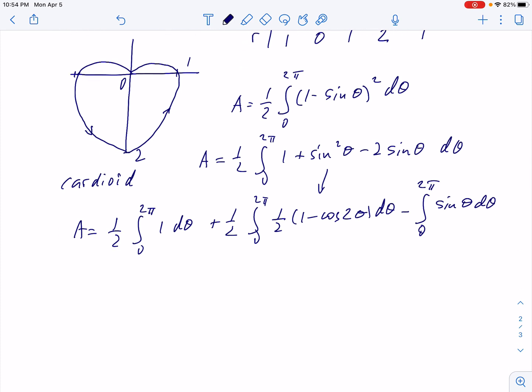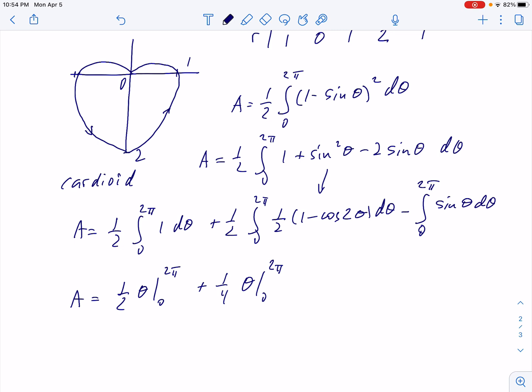So we integrate. We have 1/2 theta between 0 and 2 pi. Then it becomes 1/4. And integrating 1, again we get theta, 0 to 2 pi. Then we integrate cosine 2 theta.